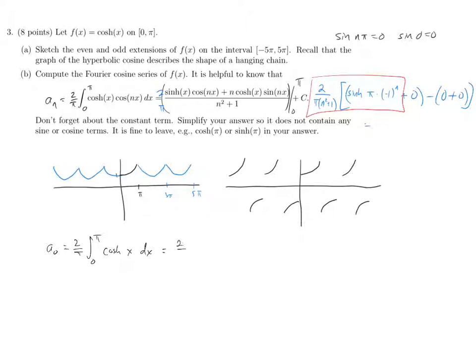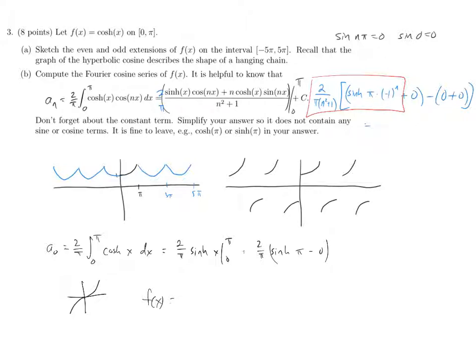So 2 over pi, sinh of x from 0 to pi. So remember what sinh looks like. Sinh is only 0 at 0. So this is going to be 2 over pi times sinh of pi minus sinh of 0 is like that. So then the Fourier series is f of x, or cosh of x, is a naught over 2.